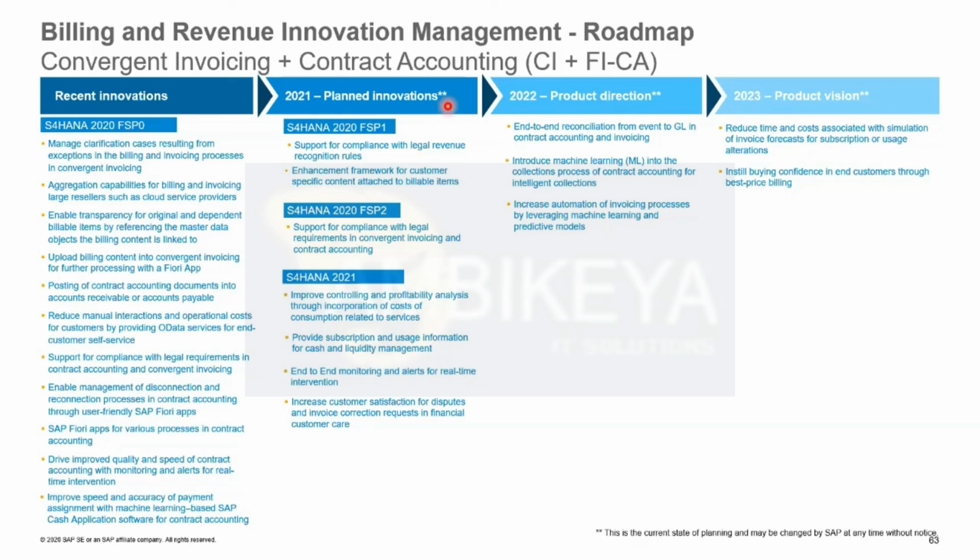One is to improve controlling and profitability analysis, so COPA, with the incorporation of costs for subscriptions and usage. So mainly we can deal with revenues for all these years to feed into COPA.